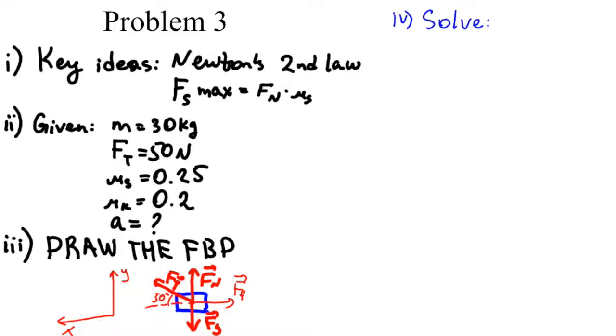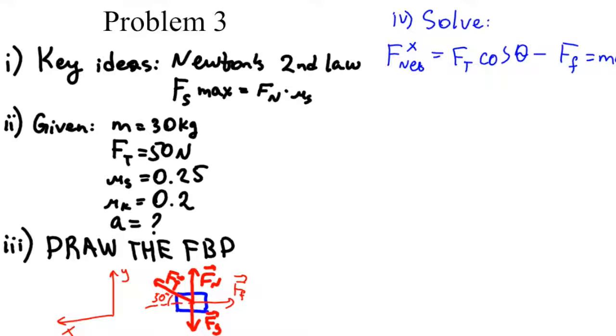Okay, so we write the F net x, which is the x component of the tension force, which is cosine theta, minus F friction, which is ma.